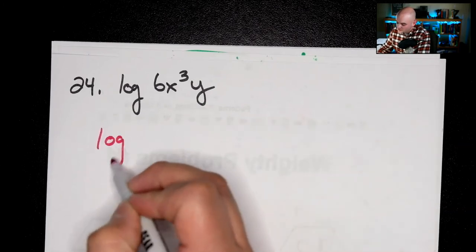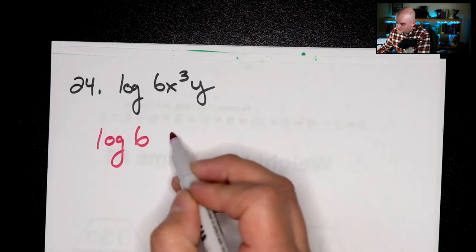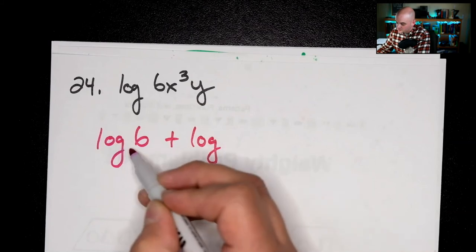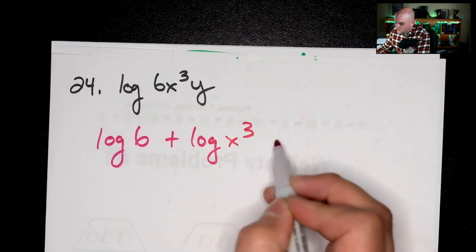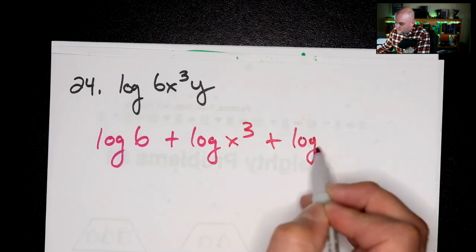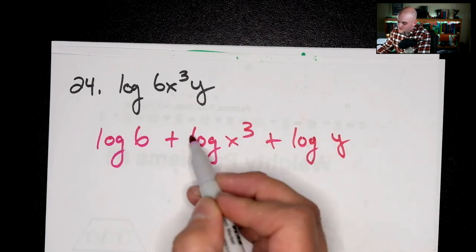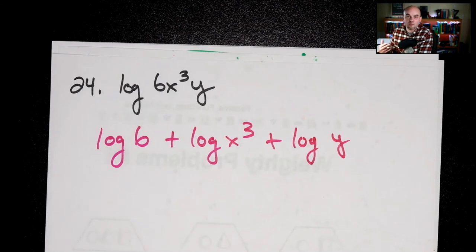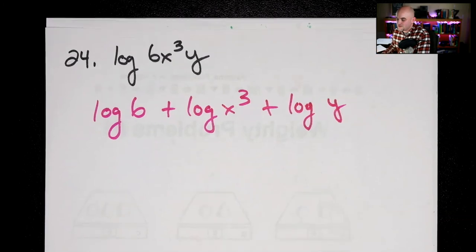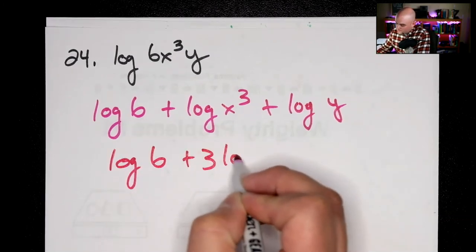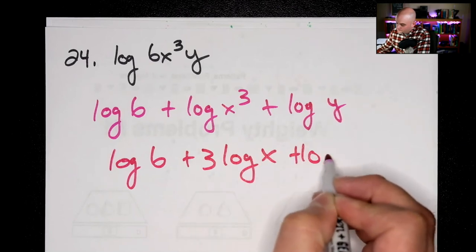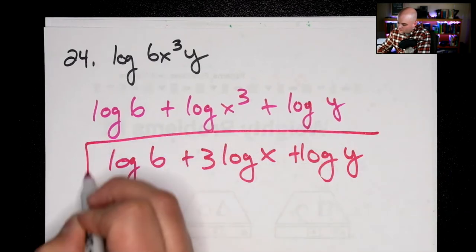So first I'm going to split it up like this: log base 10 of 6 plus log of x cubed plus log of y. And then I can move this 3 up front, and you have to move it up front if we are going to be completely expanding it like I want you to on the test. So we get this right here. And boom, it's done.